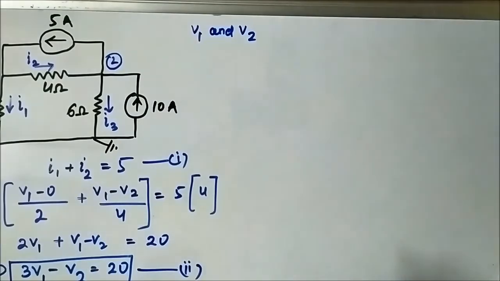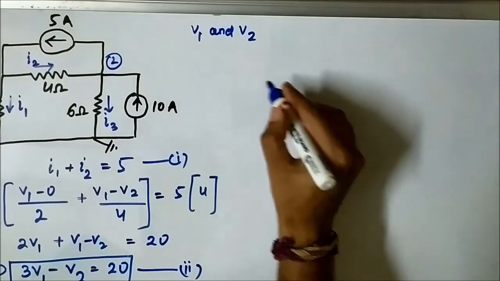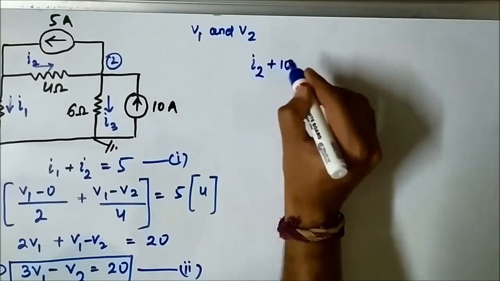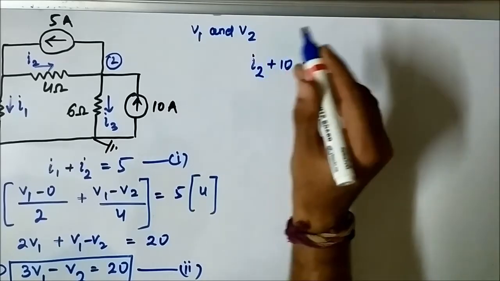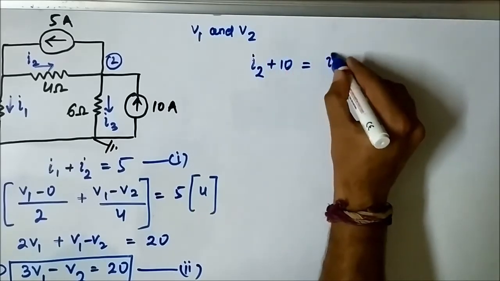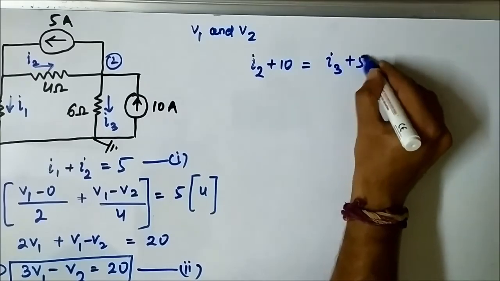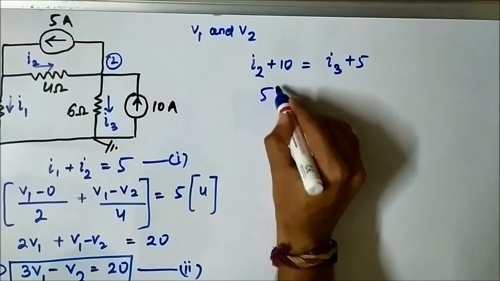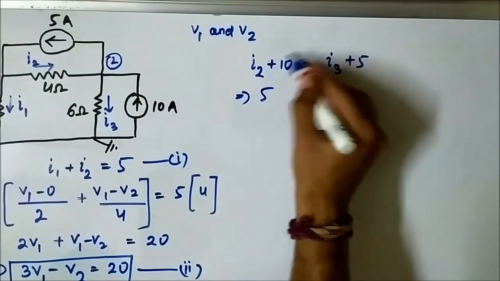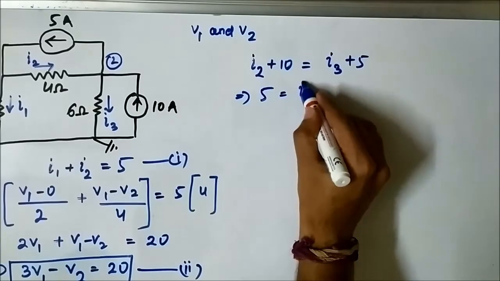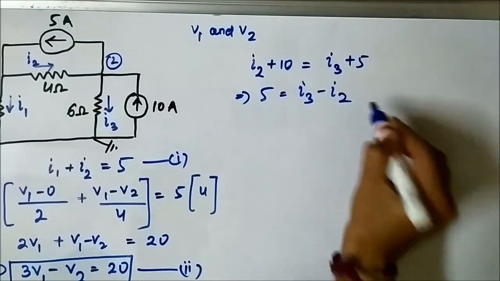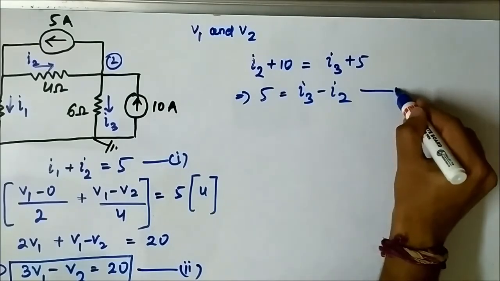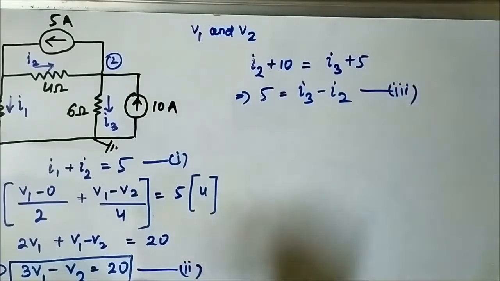Okay, so I2 plus 10 is equal to I3 plus 5. Or we can write it as 5 is equal to I3 minus I2. Okay, we have taken 5 to the LHS and I2 to the RHS. Let's call it equation number 3.